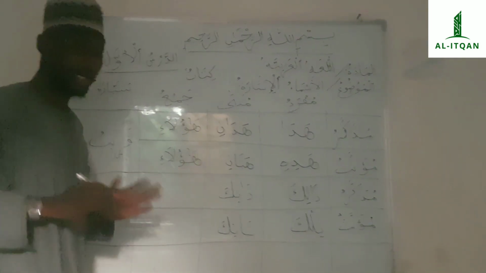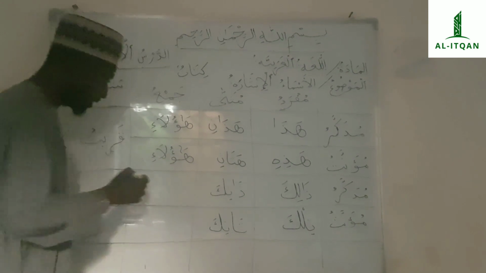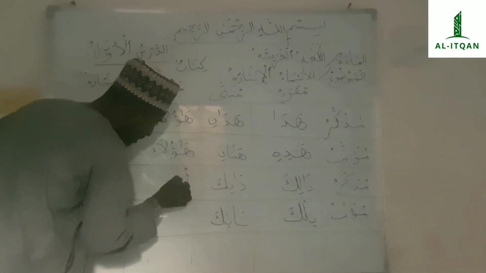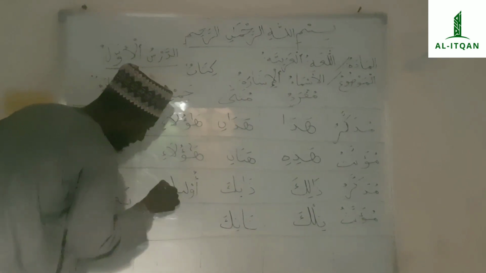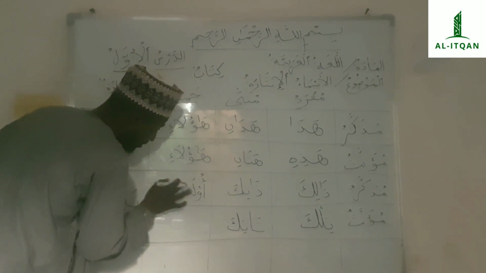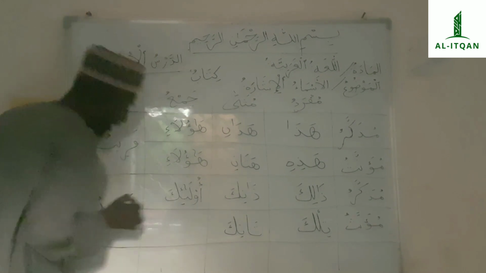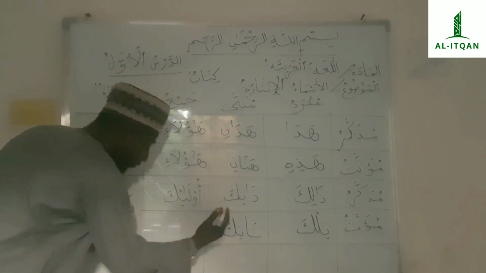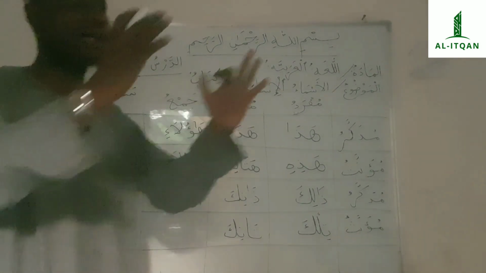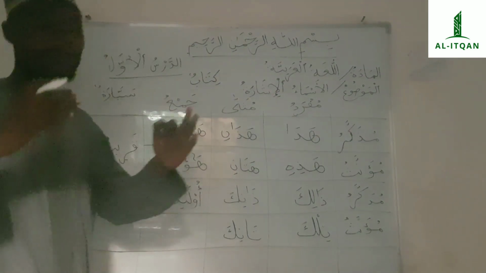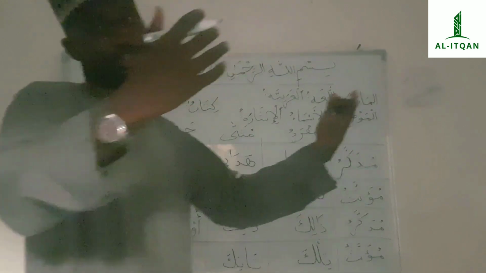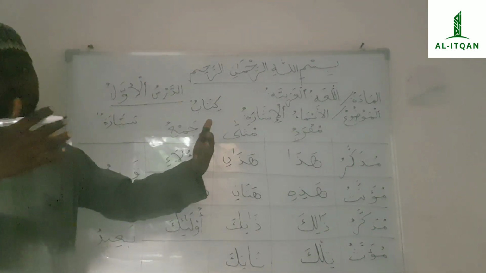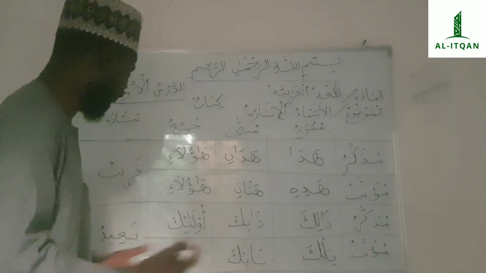When it comes to plural, they have the same form as well. You have ulaika. The same thing here for feminine. If you have many females somewhere, you can say ulaika.